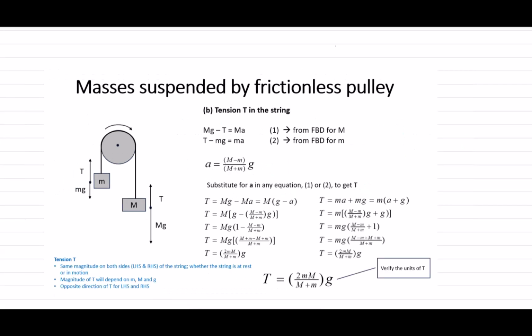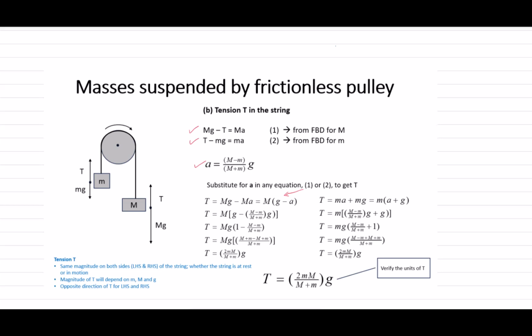So having found the value of a, it should be very easy to now find the tension T in the string using the two equations from the free body diagram that we have. We have equations 1 and 2, and in the previous slide we derived an expression for a. Now, if we put the value of a into any of the two equations, say equation 1, this is the path.